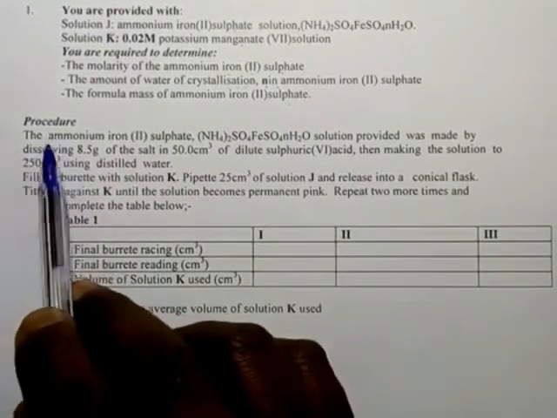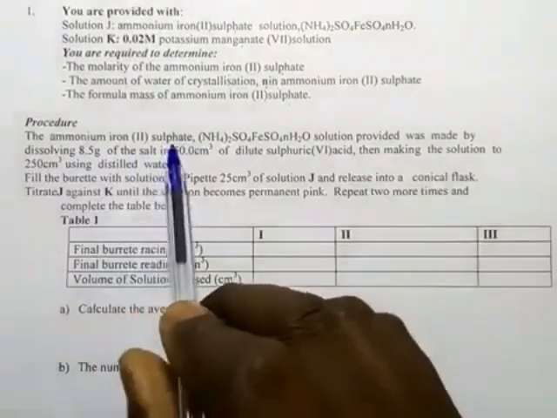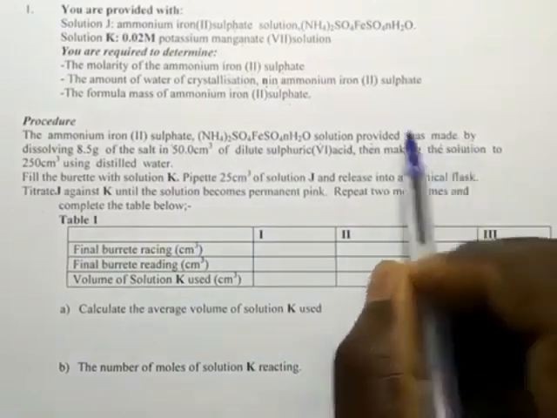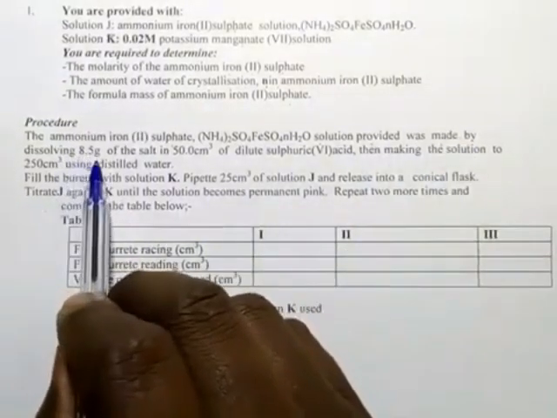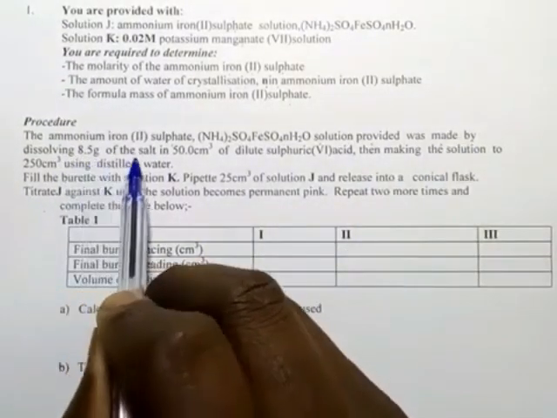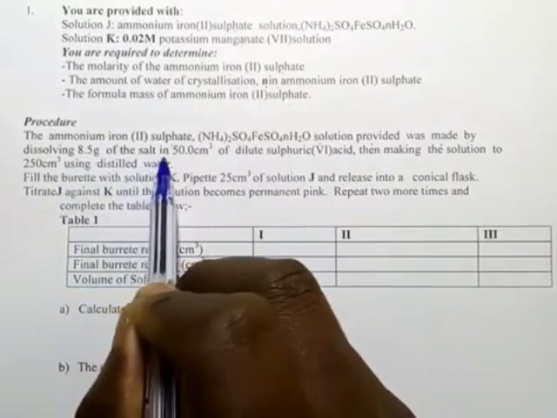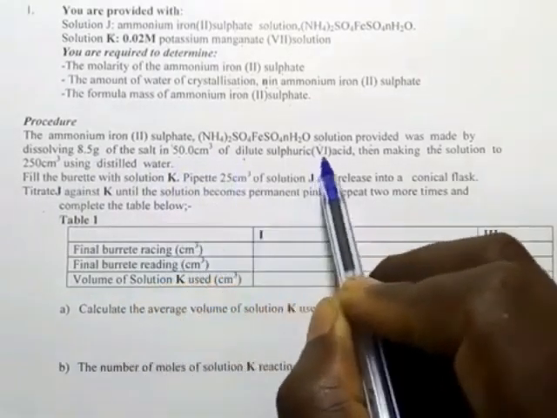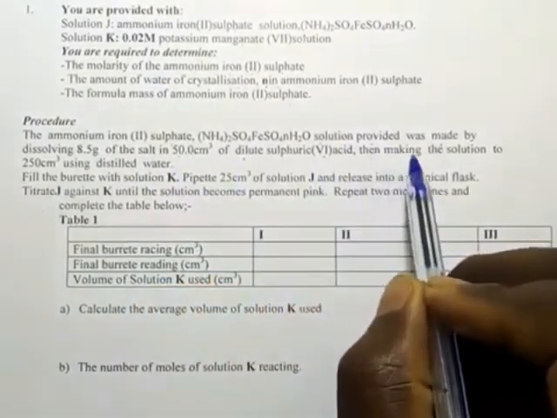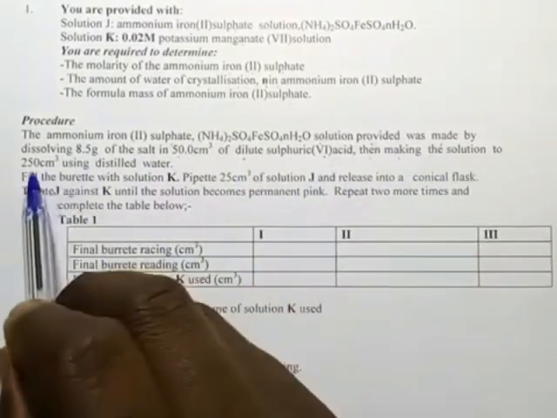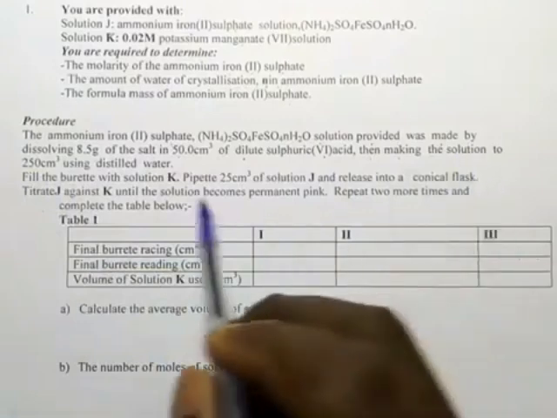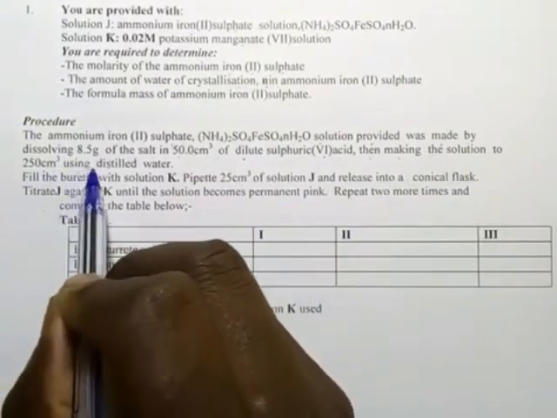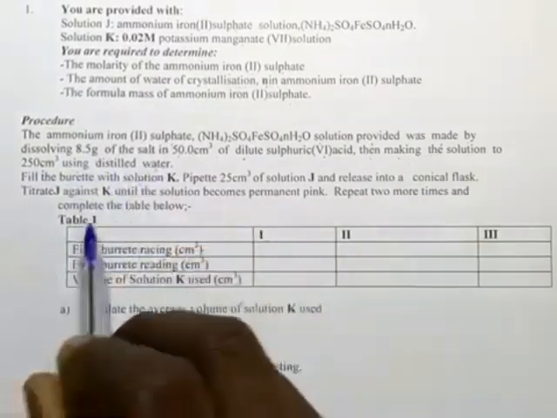The procedure: the ammonium iron 2 sulfate solution provided was made by dissolving 8.5 grams of the salt in 50 centimeters cube of dilute sulfuric acid, and then making the solution up to 250 centimeters cube using distilled water.